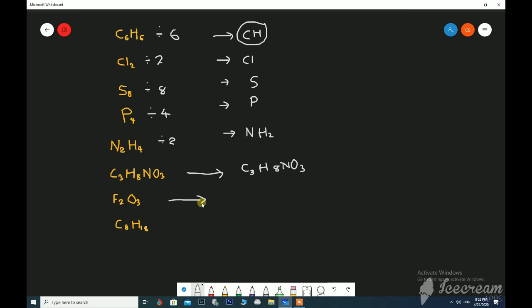We cannot divide 2 and 3 by any common factor, so it is also F2O3. C8 and H18 both are divisible by 2, so it is C4H9. So today we discussed the molecular formula and empirical formula.